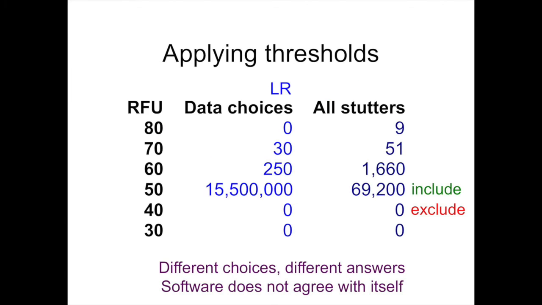A threshold of 30 RFU was used in the validation study, but a higher 50 RFU threshold was applied to the case data. A lower threshold includes more data, which is potentially exculpatory. This is because considering more possible genotypes can lower the match statistic. Reducing the statistic can convert a large inclusionary number to a small exclusionary number.